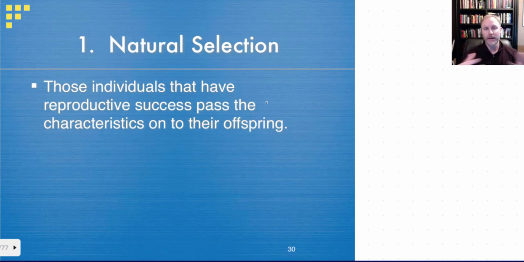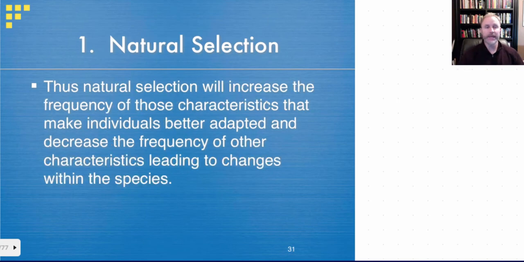They became more successful, and their population exploded, and the brown ones remained in the brown environment, the black ones remained in the black environment. Because the environment changed, certain traits became favored. Okay? So natural selection is going to increase the frequency of the characteristics that make individuals better adapted to their environment, and of course decrease the ones that don't.